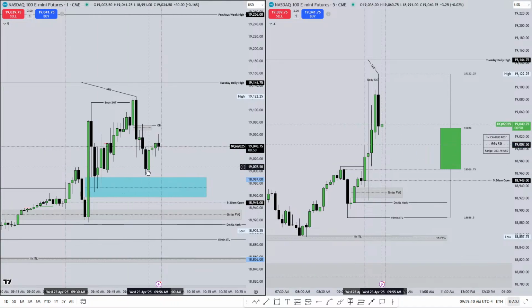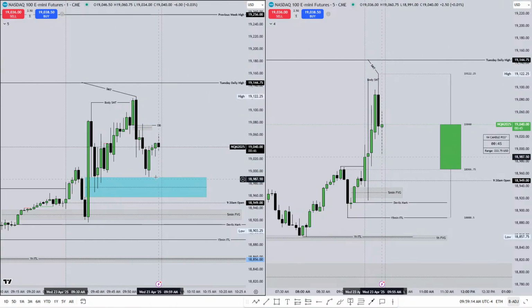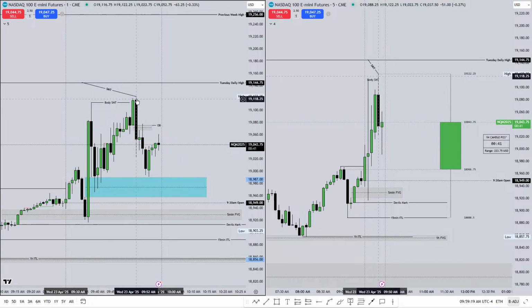The fact that it's just hanging out around here now after this doesn't make me confident that this high is set in place. Like I think we can still go higher here. But obviously with news coming out in a second, who knows? That's just my thought though.